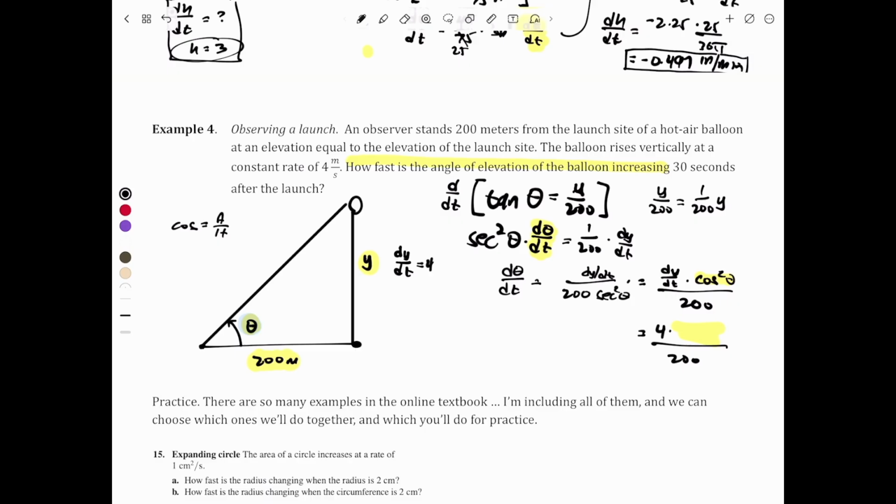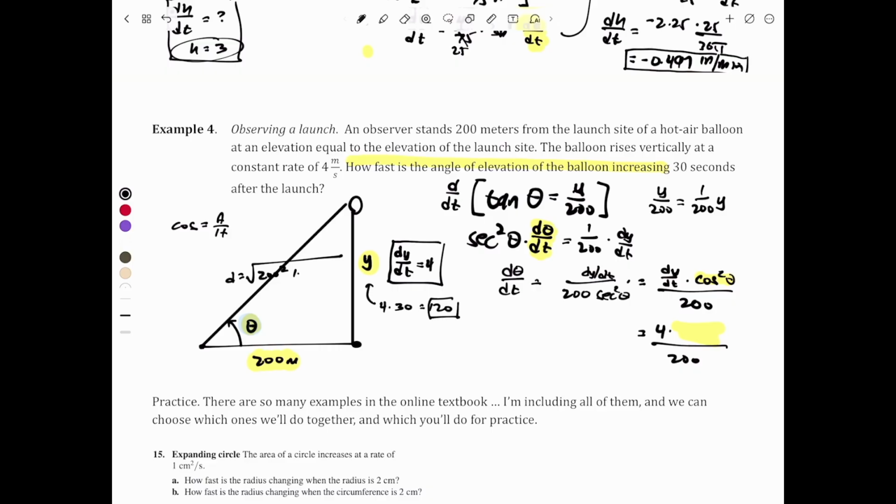Well, this raises an important question, because 30 seconds after the launch, if this is rising at a constant rate of 4 meters per second, what's the value of y? Shouldn't that be 120 meters? 30 seconds of travel at 4 meters per second would make this 120.